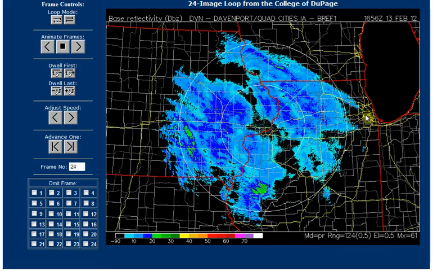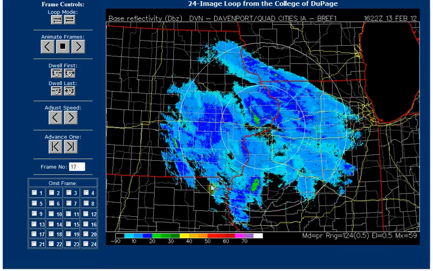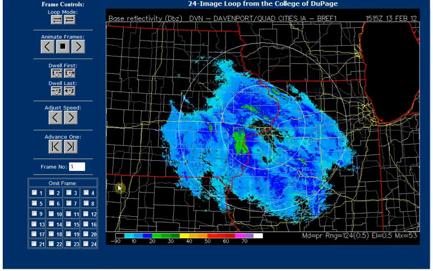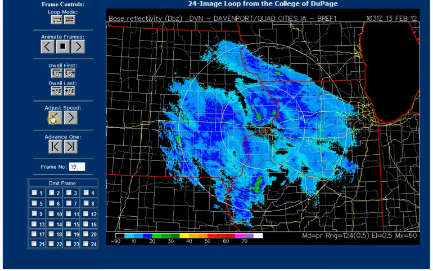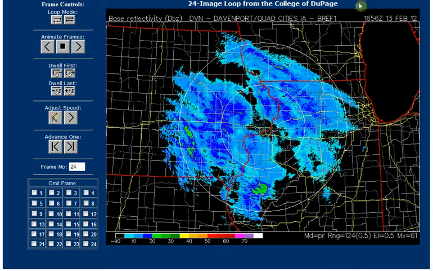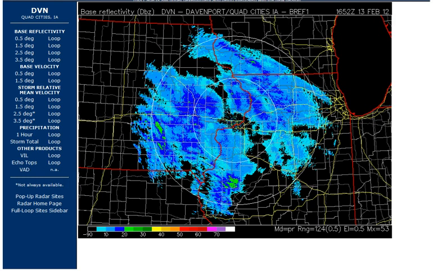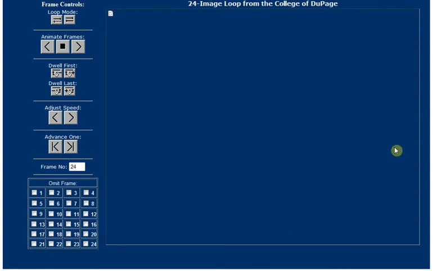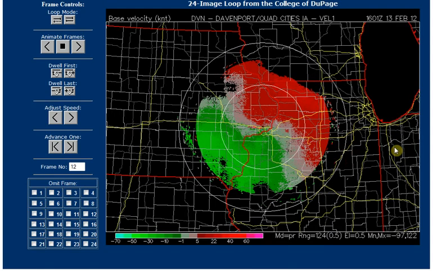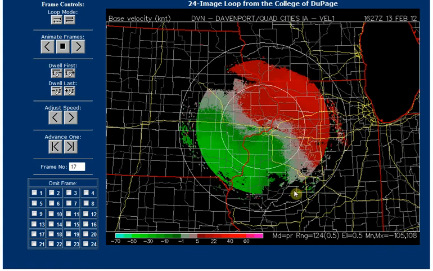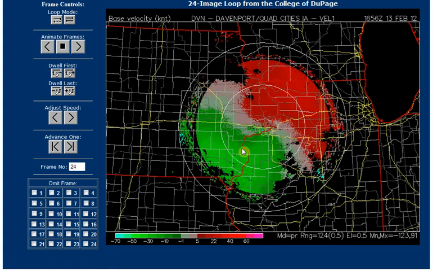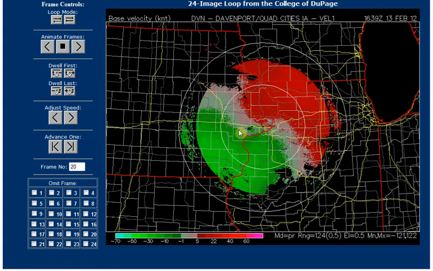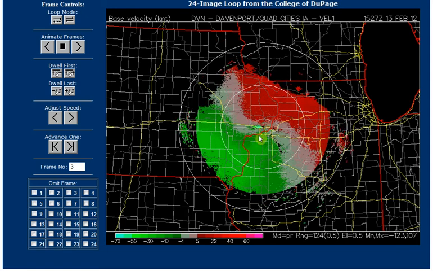I'm not sure why this other one hasn't switched yet. We are getting a beam of some sort coming down this way. But now let's compare what we just looked at, base velocity, with this one. And this is how I understand it's supposed to look like. It's supposed to give you the general direction of the storm, or that things are flowing. See the green, so it's going from here to here.